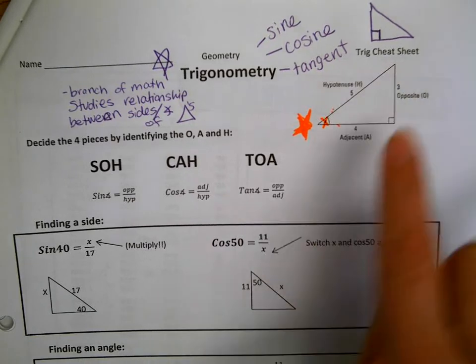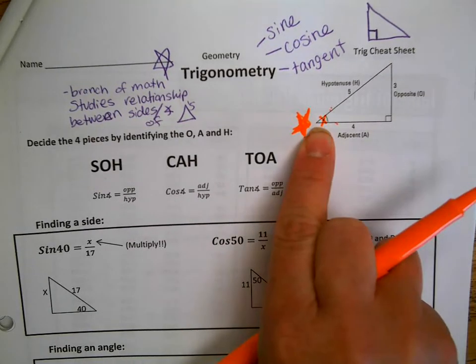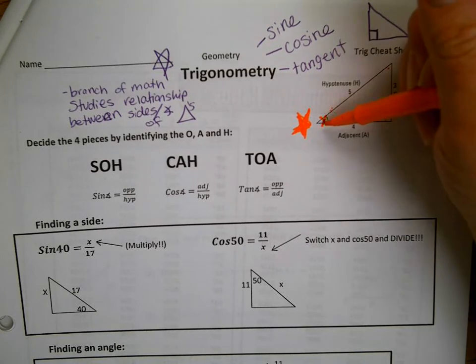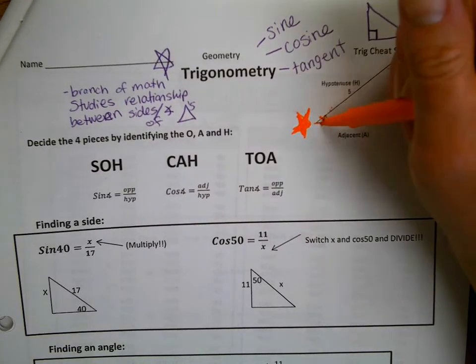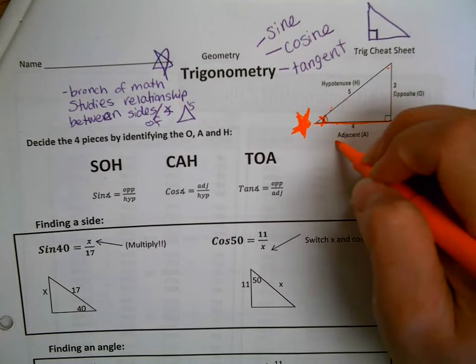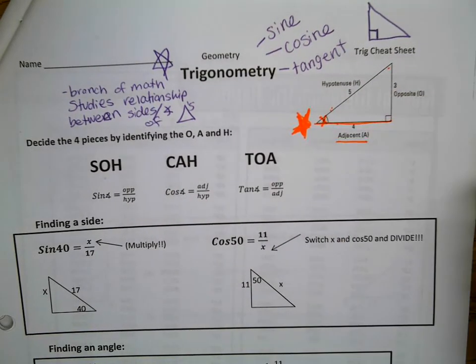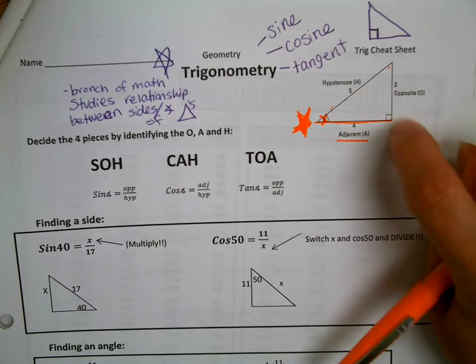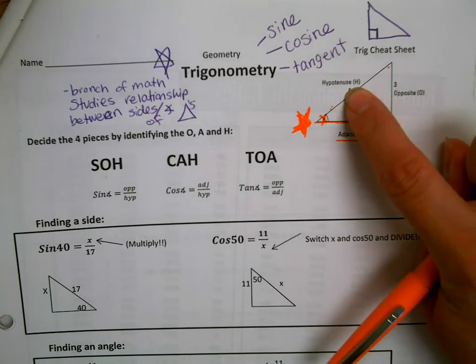The right angle, we're really going to focus on this acute angle down here or this acute angle up top here. But if this is the one we're focused on, the side that touches that angle, that's not the hypotenuse, is always called your adjacent side. ADJACENT, adjacent.